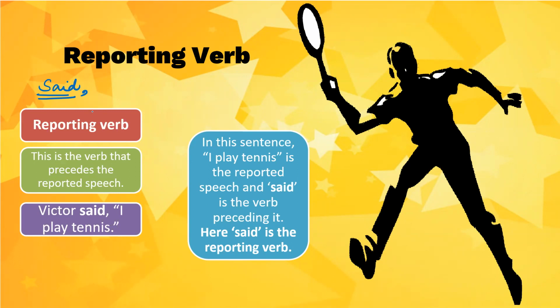After this, only you will mostly find the sentence structure in such a way that after this, only the substance is written. Mostly. Victor said, "I play tennis." So, this said over here is the reporting verb. In this sentence, I play tennis is the reported speech.